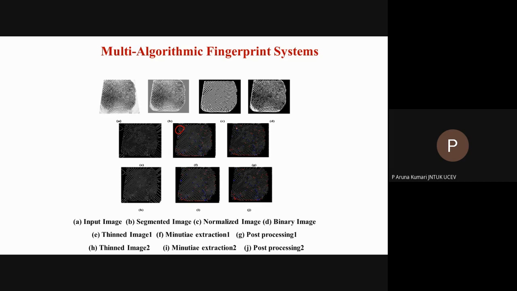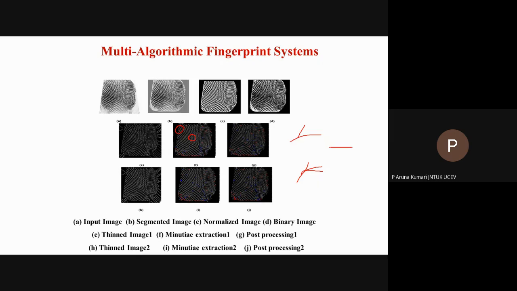If you observe this point, where it has been divided into 2 points, this is called a bifurcation point. There may be some trifurcation points where it is divided into 3 points. We can extract those points, which are called minutiae points. They have been marked in blue and red: blue is bifurcation and red is ridge ending.